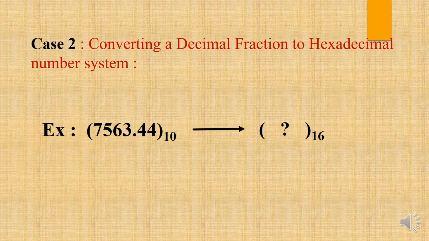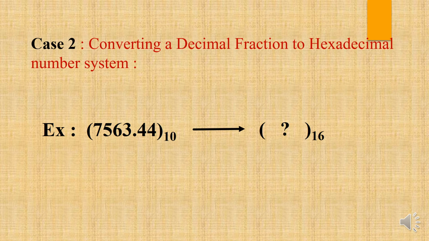For solving decimal fraction numbers, we need to solve the problem in 3 steps. In the first step, we get the hexadecimal equivalent of the left hand side part of the decimal point. In the second step, we get the hexadecimal equivalent of the right hand side part of the decimal point, and in the third step we combine both results for the final answer.